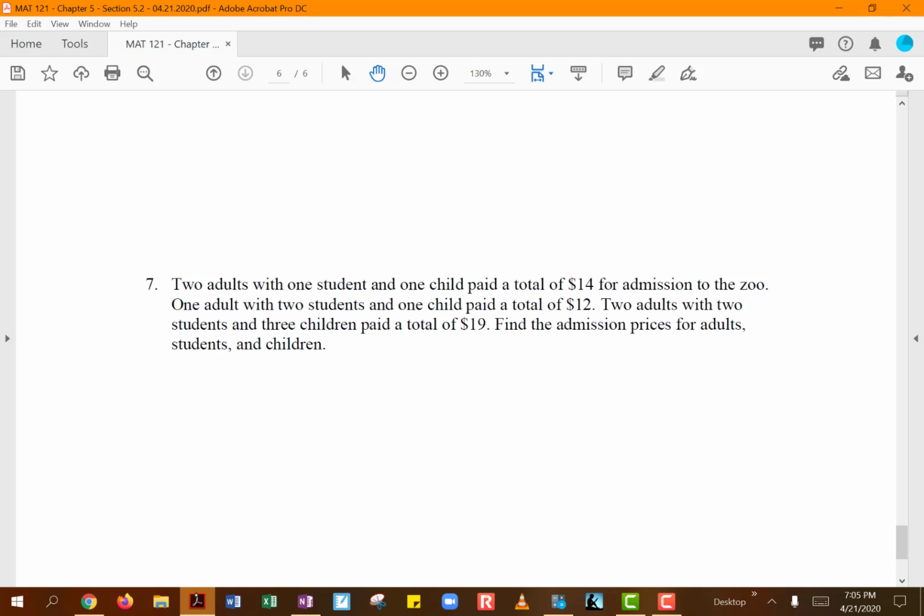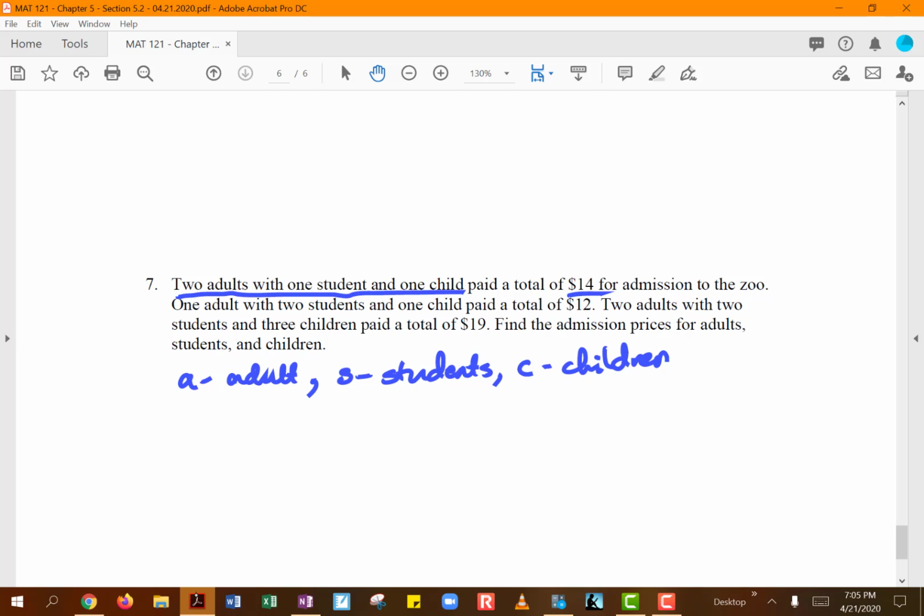So if you look at this, again, we can use A for the adult ticket prices or admission prices. We can think of S for the students, and of course C for the children's ticket prices. So they're telling us 2 adults, 1 student, and 1 child paid $14. So that's how you come up with your first equation.